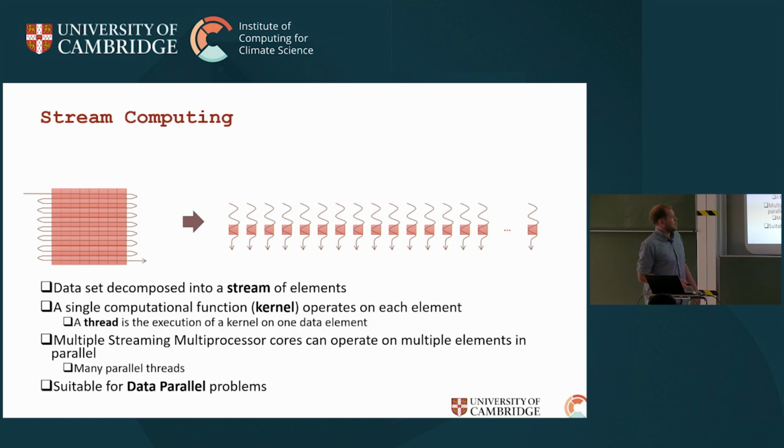So the way that we go about doing that is we use this idea of stream computing or data parallelism. If you think about the control flow of something like a for loop, it's a bit like this. You've got all of these data elements, and a for loop, if it's independent, is a really nice example of data parallelism.